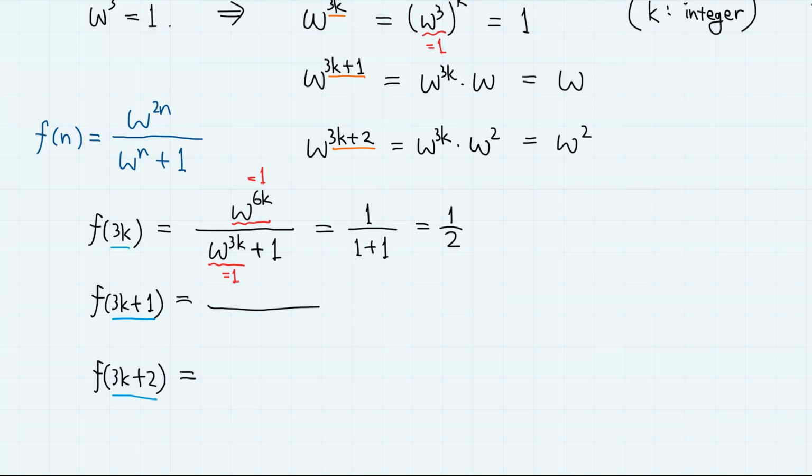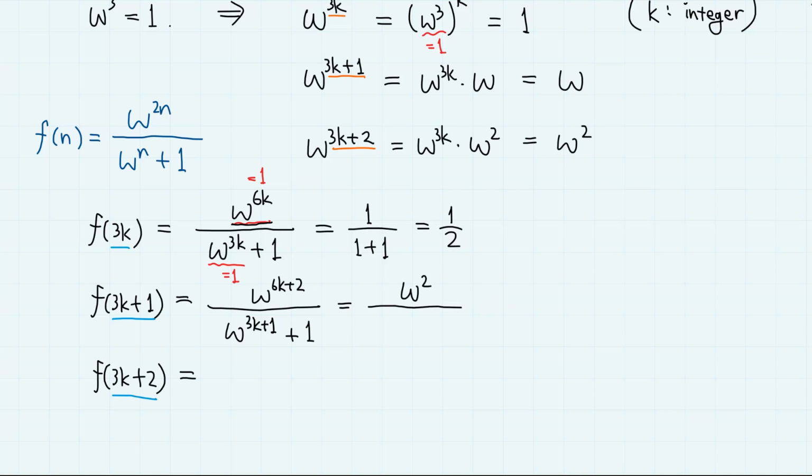f of 3k plus 1 equals omega to the power of 6k plus 2 divided by omega to the power of 3k plus 1 plus 1. Here, notice that omega to the power of 6k plus 2 is equal to omega to the power of 6k times omega squared, and since omega to the power of 6k equals 1, all that's left is just omega squared.